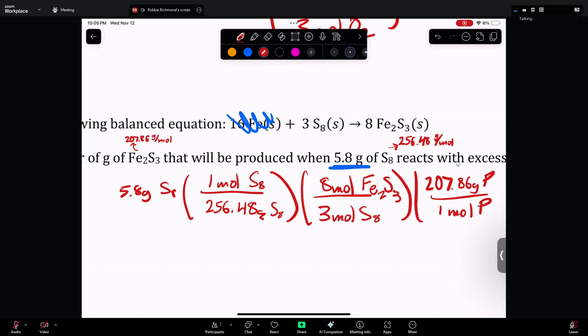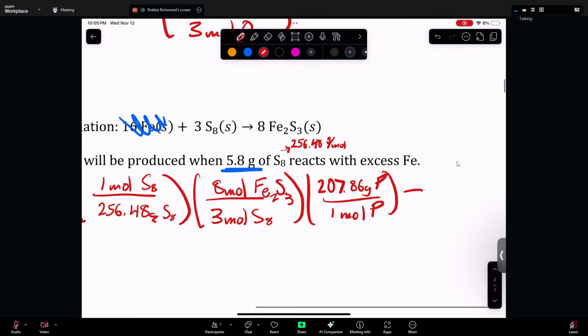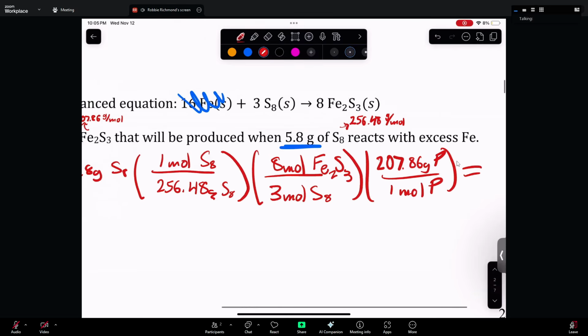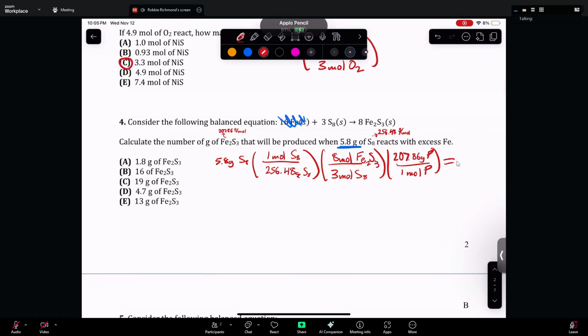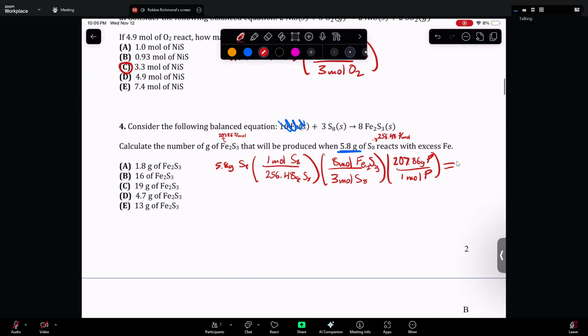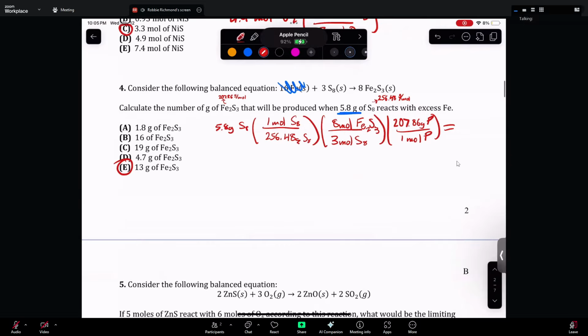I'm just going to abbreviate it as P for respect of time. Throw this in my calculator real quick. This is going to take a hot minute. Alrighty, I got 13. Cool. Wait, let me double check that.